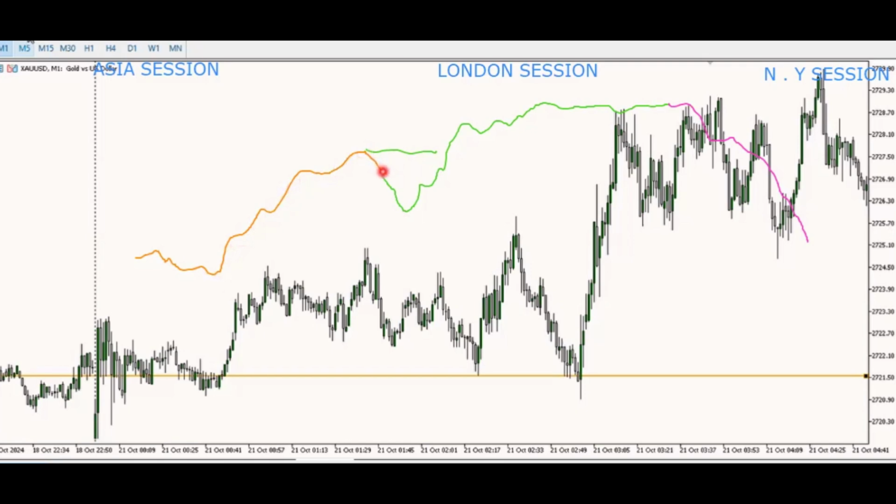Let's say we pull back for the low-hanging fruit kind of trade, and London comes, breaks the level of Asia, and continues in the direction in which Asia was trading. Here, if I get a coil in the gap session, what I'm expecting from the market is we will reverse against this volume.